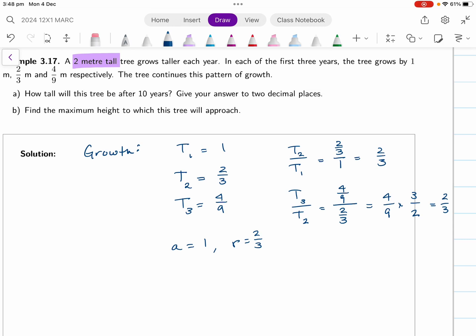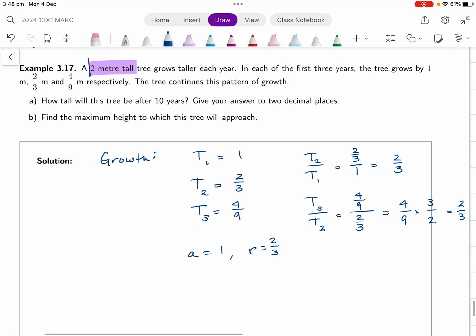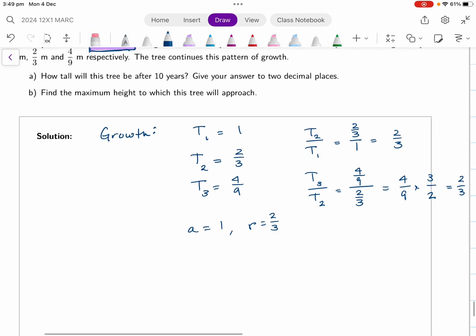All right, so how tall will this tree be after 10 years? So notice 2 isn't actually part of our progression. It's just how tall the tree was before we started noting this geometric progression.